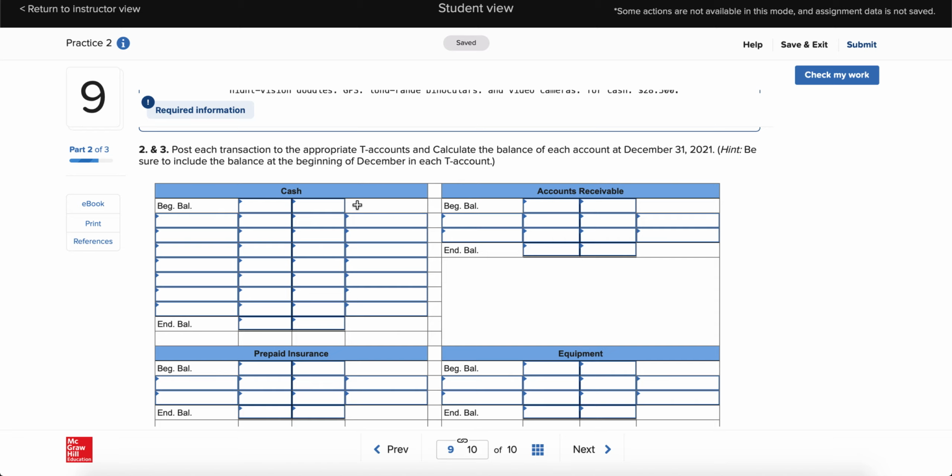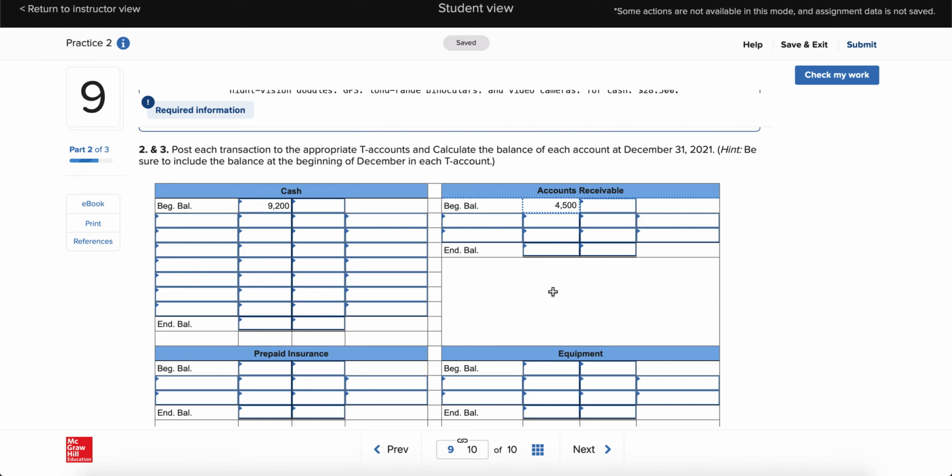So let's take a look at this. The cash beginning balance was $9,200. See what else we had. Accounts receivable. That beginning balance was $4,500. And notice that I'm posting these on the debit side.